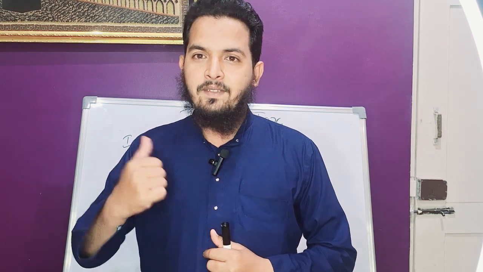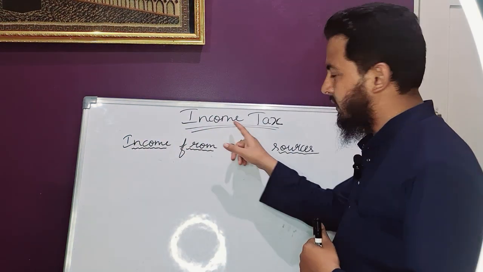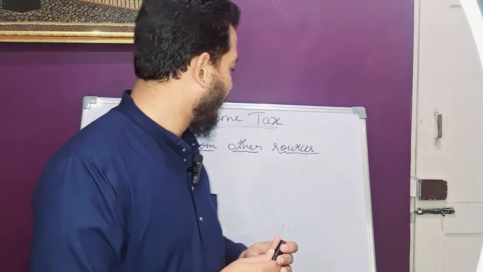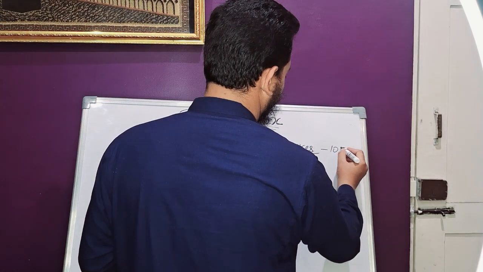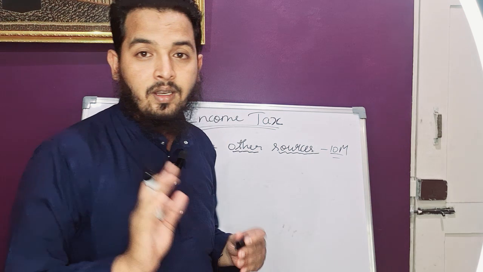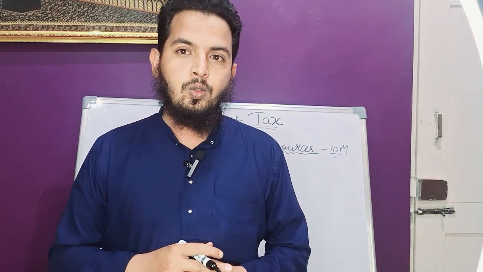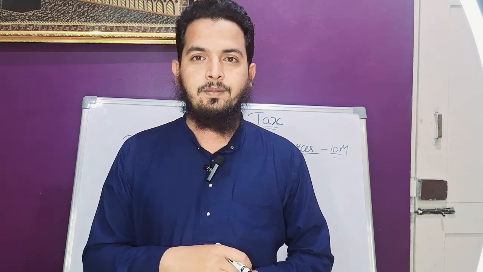So I have taken the 5th head, income from other sources, under income tax. You can expect this question for 10 marks. I'm talking about BBA, BCom students. They can expect this question for 10 marks in the exam.